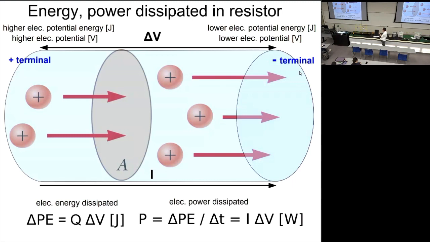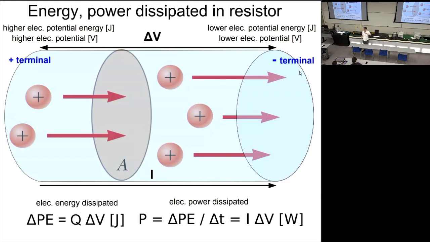And so the power supplied to the circuit is the current multiplied by the change in electrical potential. So these are two very handy and really rather simple equations, that the energy supplied is Q, charge, times the voltage, and that the power is the current times the voltage, that describe the electrical energy that's being supplied by a battery to a circuit.